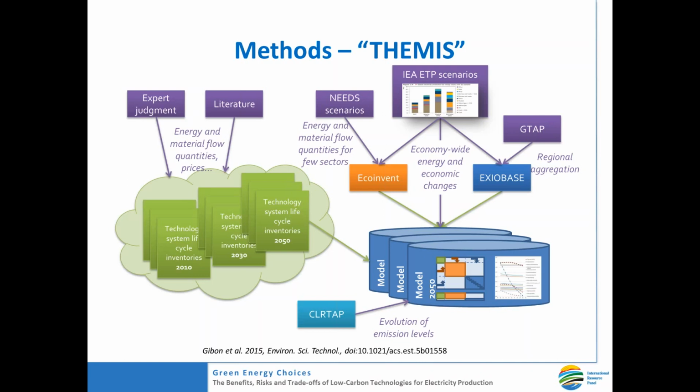We use background databases for the life cycle assessment to assess things like the emissions that are associated with the production of steel and aluminum and the transport of equipment and so on. This is the EcoInvent database, and we also assess an improvement of emissions from these processes based on the NEEDS scenarios.